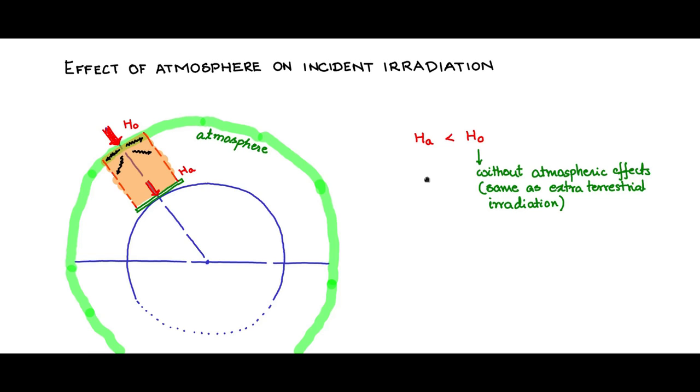Whereas HA is the incident energy on the flat plate collector with atmospheric effects, or atmosphere acting as an attenuating filter with atmospheric absorption.